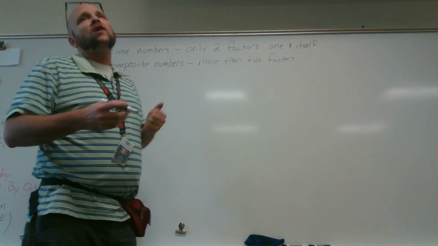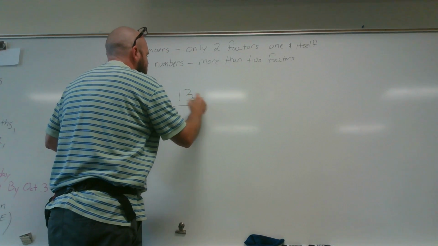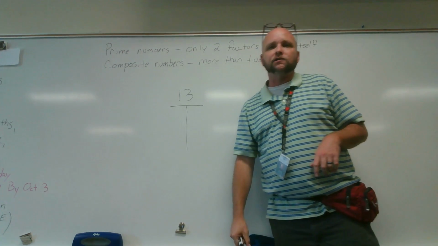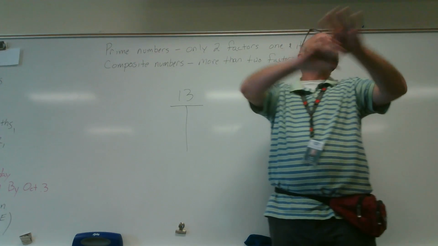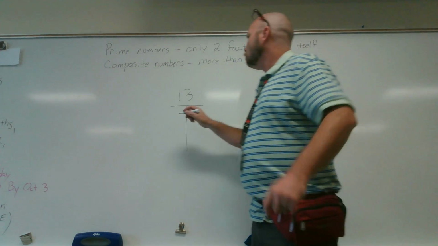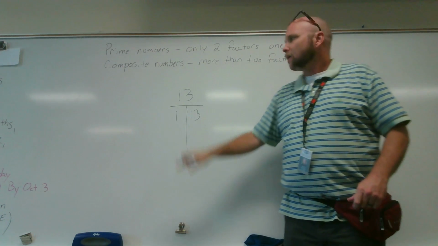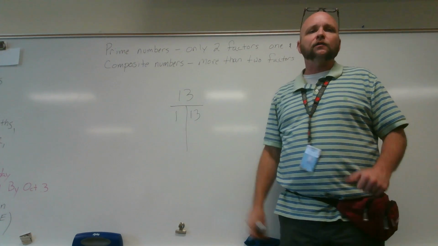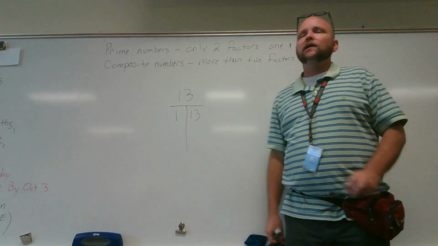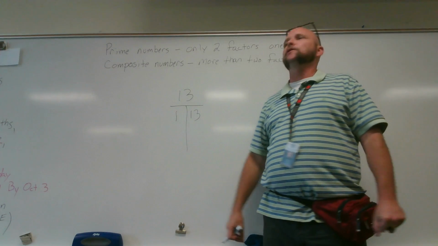The prime number, I'm going to take the number 13. If I take the number 13 and I want to list all the factors of 13, everything that I can multiply together to equal 13, I know 1 times 13 equals 13. So 1 and 13 are factors of 13. Does 2 times anything equal 13? No. 3 times anything equal 13?